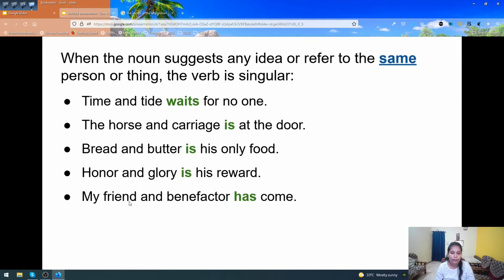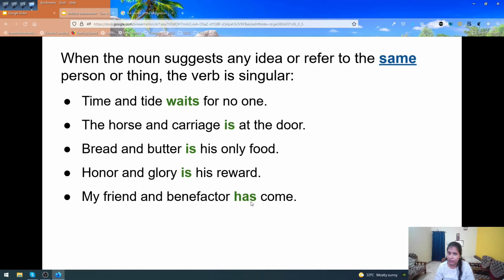My friend and benefactor. So when he is saying benefactor, he is talking about his friend only. So we are talking about the same person here. My friend and benefactor has come. So as we are talking about the same person, that is the reason why here our verb is singular.